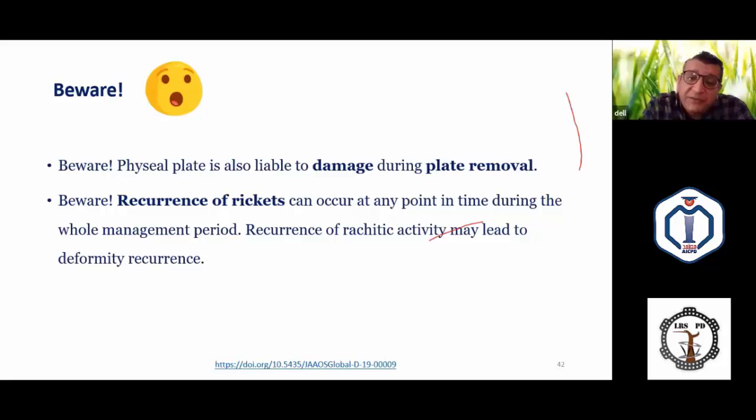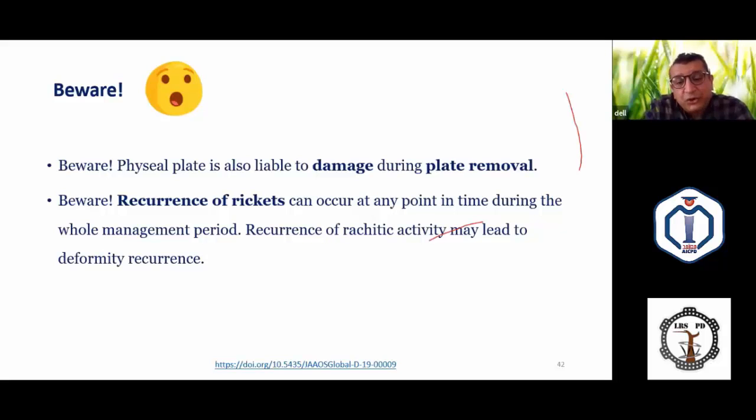Be aware also of recurrence of rickets. As we said, an absolute prerequisite: you cannot operate on patients, whatever the indication is, unless they have healed rickets. When you operate on them and follow up their gradual deformity correction, beware that even if they were healed before the beginning of surgery, they can develop recurrence during this lengthy treatment period.